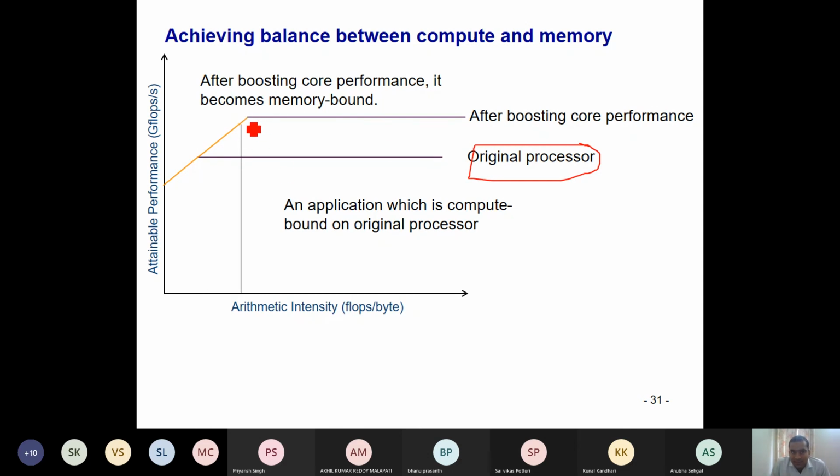Now you can see the roofline shifts here. The code which was previously compute bound has now become memory bound. Do you agree or not? Is it clear? Previously we were in a compute bound region. Now we are in the memory bound region.